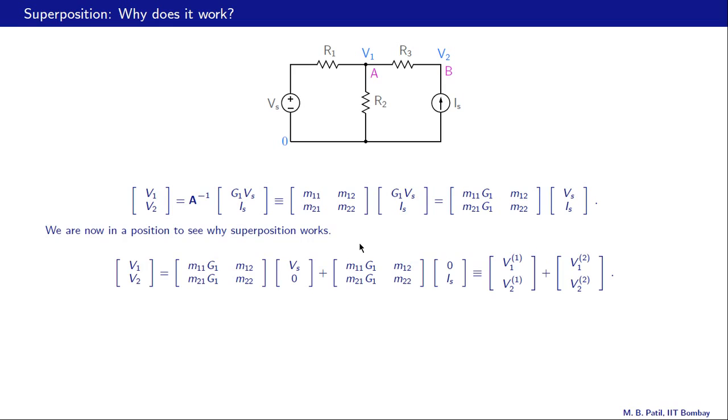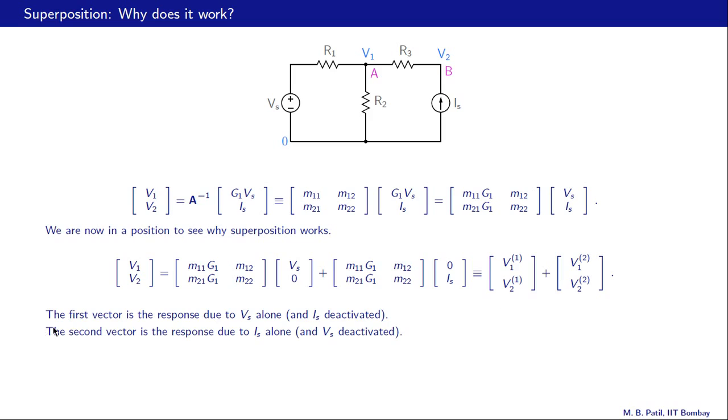And now we should be able to see why superposition works, at least for this circuit. So this is our first column vector coming out of this Vs Is column vector, and this is the second column vector. And this first term is nothing but our V1, V2 in case 1, denoted here by this superscript 1, and this second term is nothing but our V1, V2 in case 2.